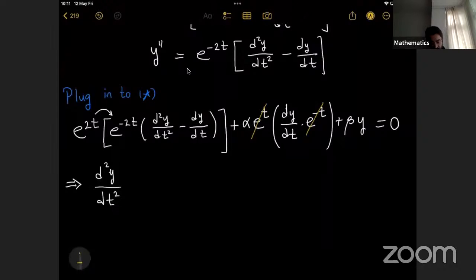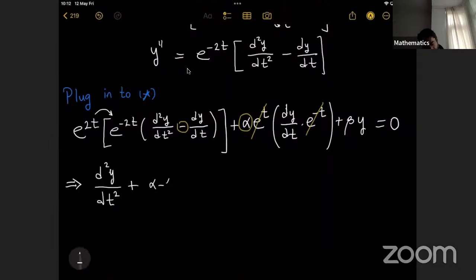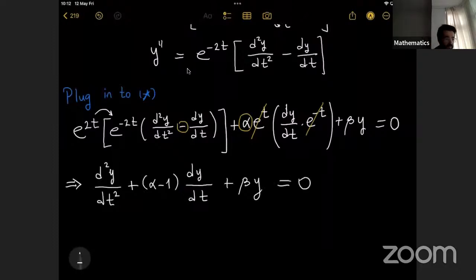So we have minus dy dt plus alpha times dy dt. That makes alpha minus 1 times dy dt. So we get d square y dt square plus alpha minus 1 times dy dt, and finally, plus beta y equal to 0. And this is a constant coefficient differential equation.